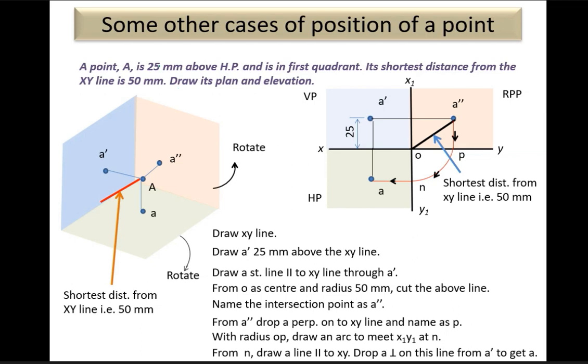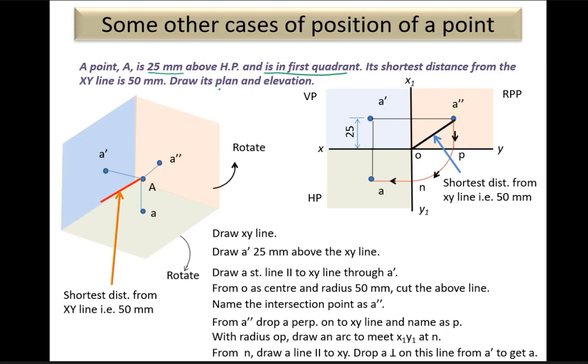Both things are given to you, but they have not defined how much the point is in front of VP. Instead they have given its shortest distance from the XY line as 50 mm. Draw its plan and elevation.